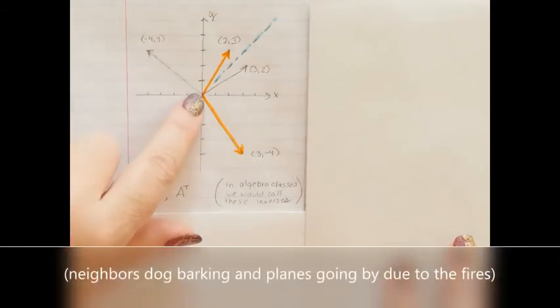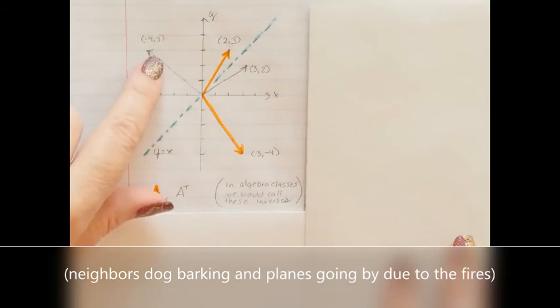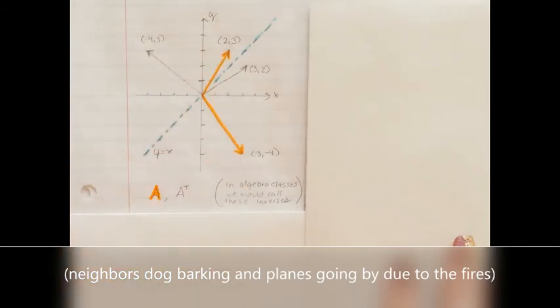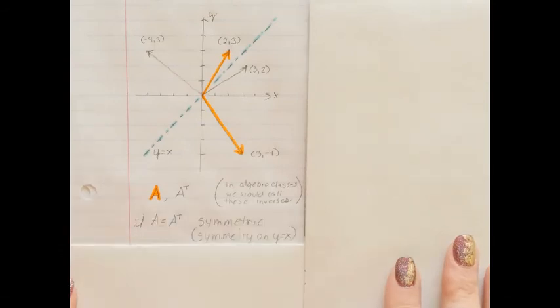So if we were to consider this to be one graph, then the inverse of this one graph would be this other one in orange. If A equals A transpose, we call this symmetric. And there's symmetry on the y equals x. That's what this is all about. Symmetric is dealing with symmetry on the y equals x line. There's your graphical approach.